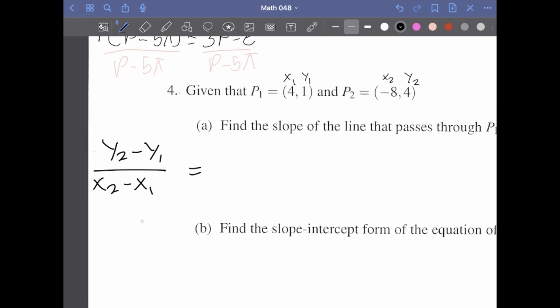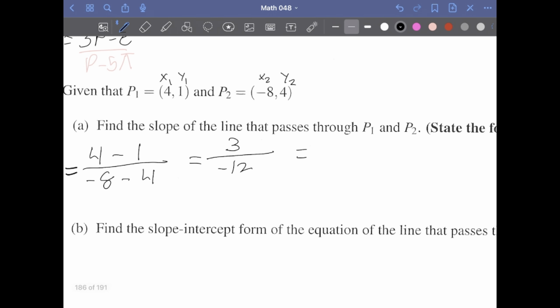So y2 is 4, so it's 4 minus y1, which is 1, divided by x2, which is negative 8, minus x1, which is 4. 4 minus 1 is 3. Negative 8 minus 4 is negative 12. Simplifying, 3 goes into 3 once, and into 12 four times, so our slope is negative 1 over 4.